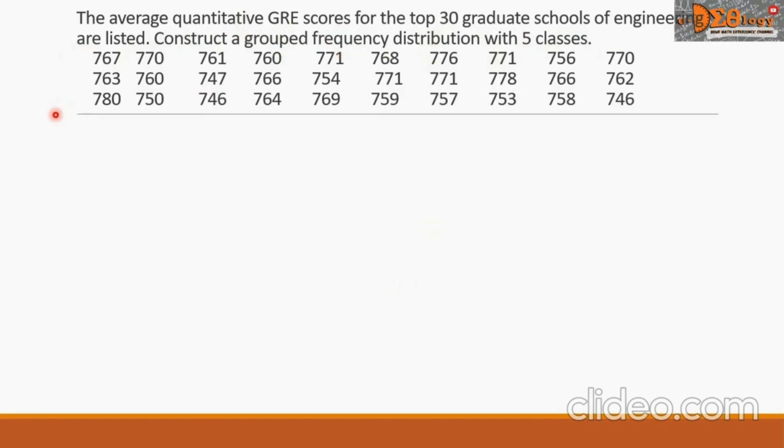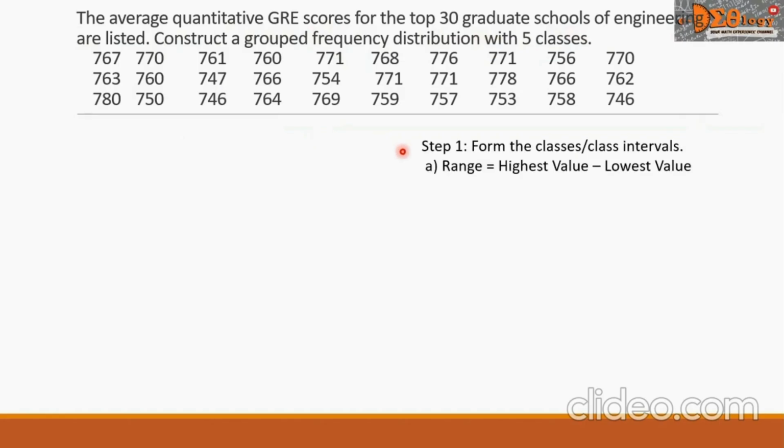We have here 30 raw data representing the GRE scores of 30 graduate schools of engineering, and let us now construct a group frequency distribution. The step 1 is to form the classes or the class intervals.